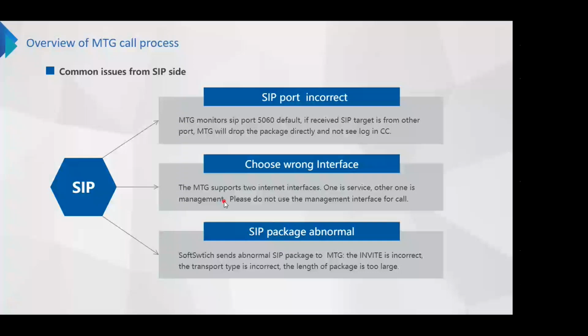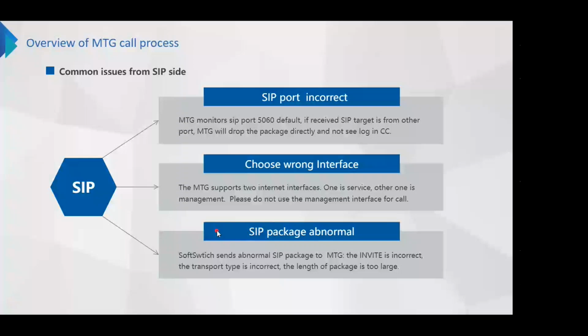And of course, for some reason you may get invalid packets that cannot be understood by the MTG. Maybe there is a syntax error, or some data is abnormal or too large.